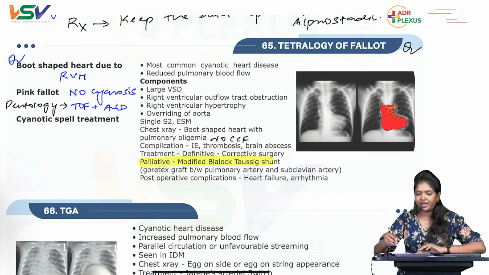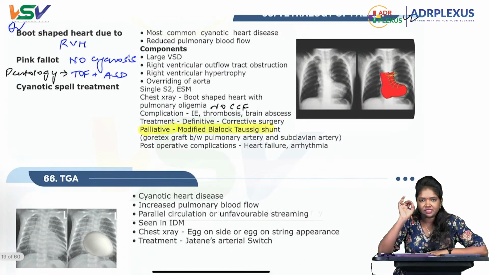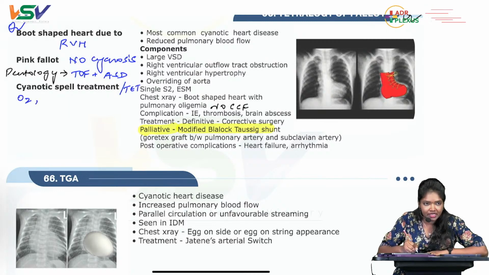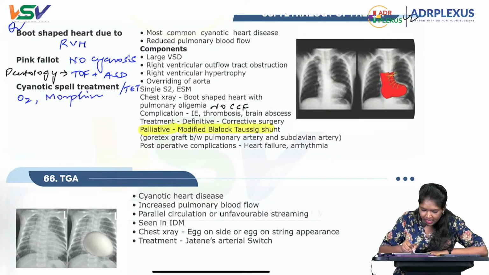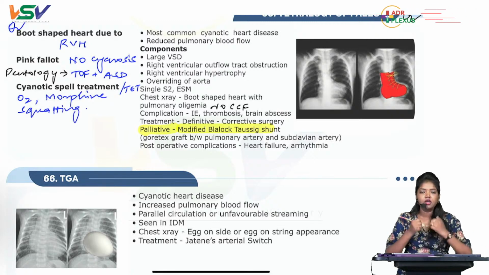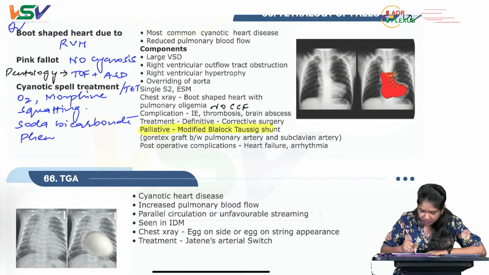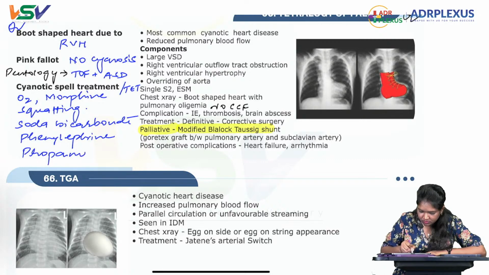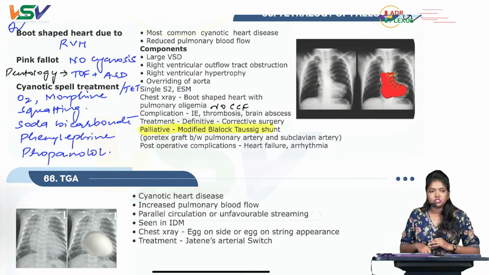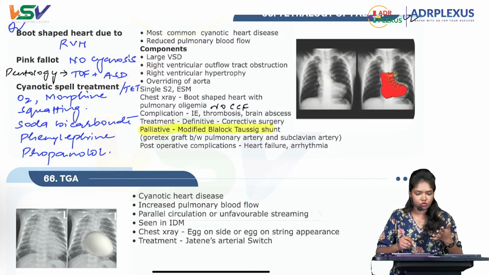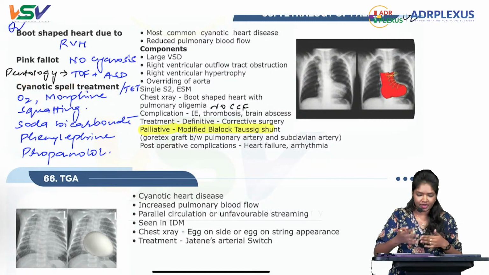Cyanotic spell treatment, key points alone we will see. When a child is having a cyanotic spell, also known as a tet spell, you give oxygen, morphine, and a characteristic squatting position, then soda bicarbonate, phenylephrine and propranolol.